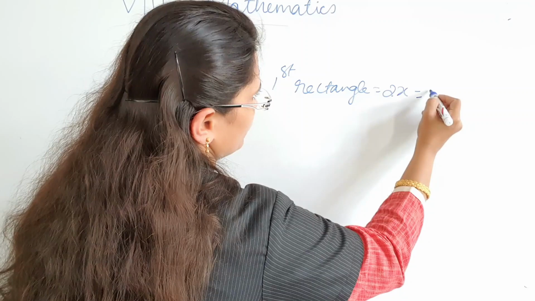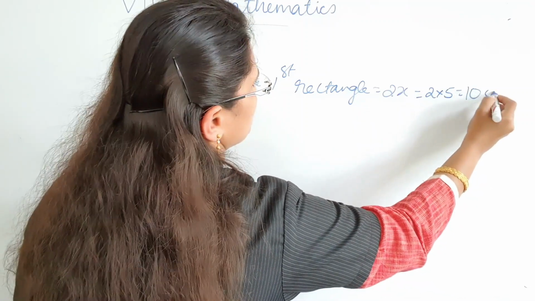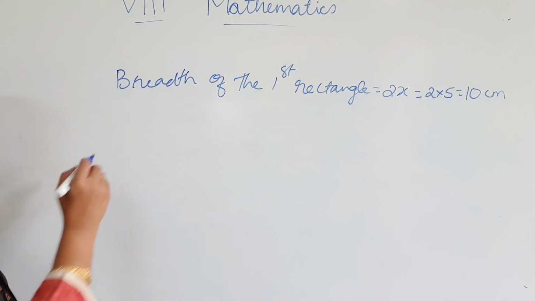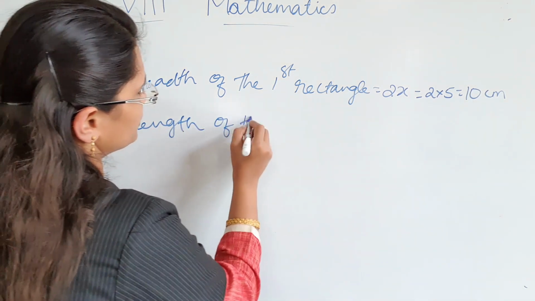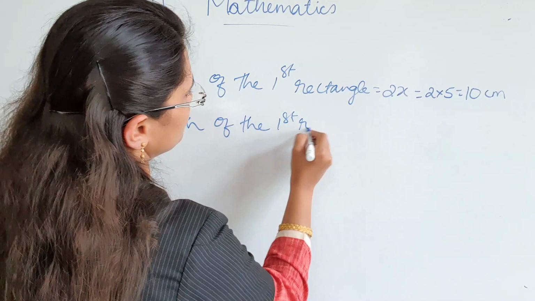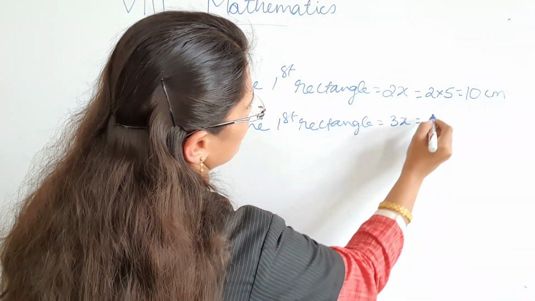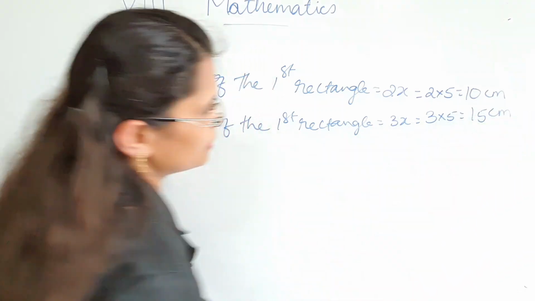So 2 into 5 is equal to 10 centimeter. Breadth of the first rectangle is 10 centimeter. Then what is the length of the first rectangle? Length of the first rectangle is equal to 3x is equal to 3 into 5 is equal to 15 centimeter.